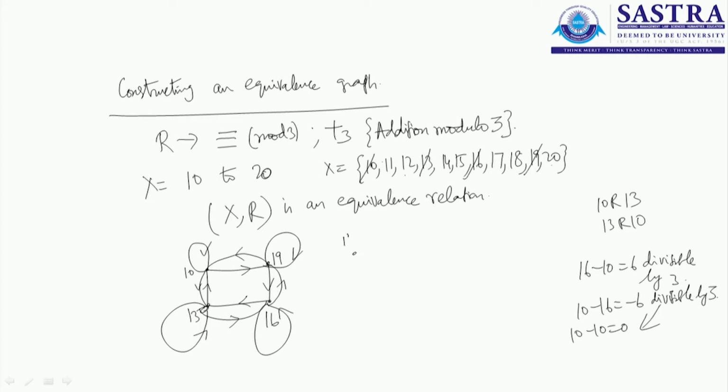Now let me start with 11, then I will have 14, 17, then 20.